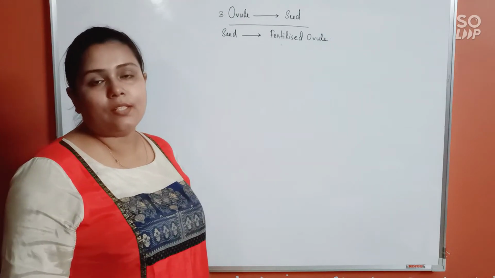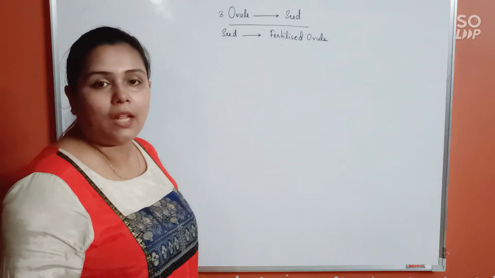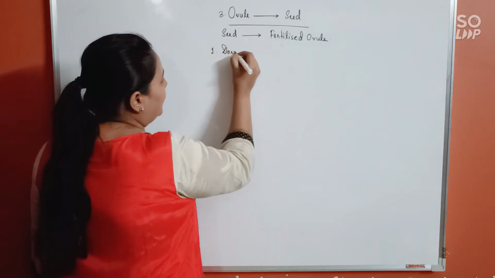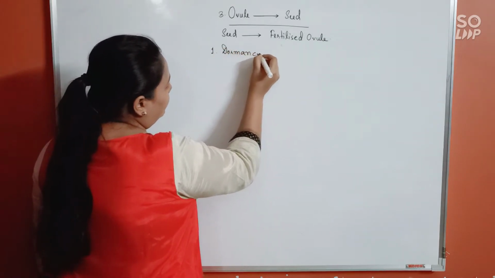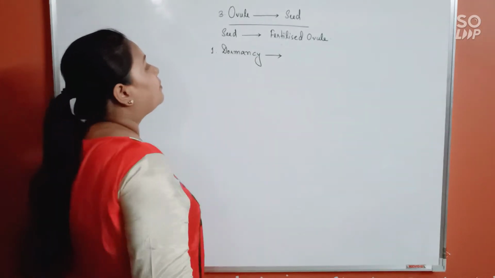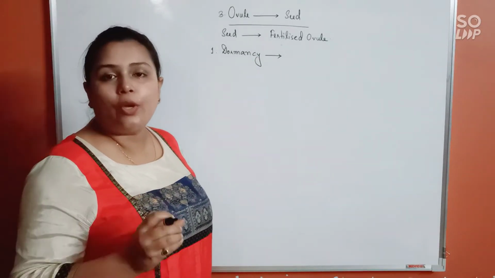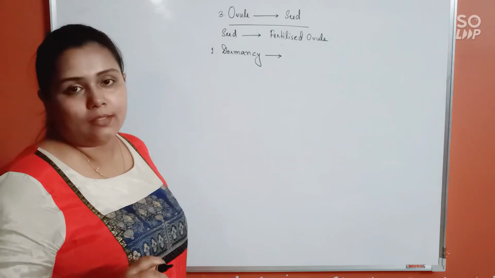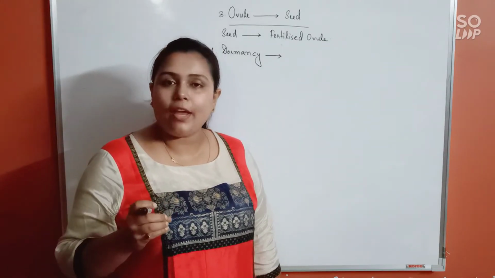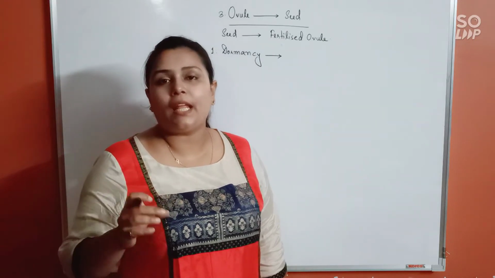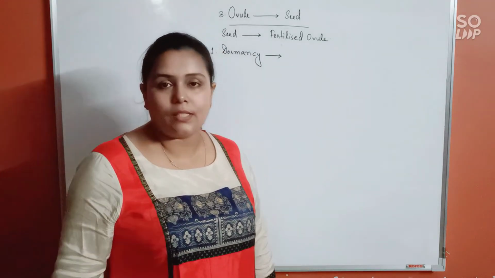Next, let's discuss dormancy and seed germination. First, dormancy. The inability of the seed to germinate is going to be termed as dormancy. So the period of inactivity of the embryo when the seed is not able to germinate is going to be called dormancy.